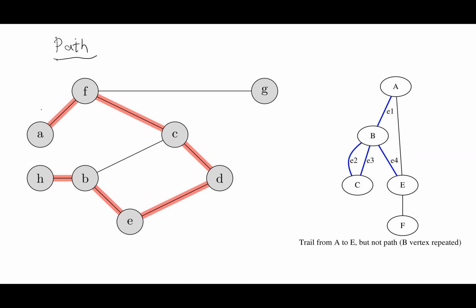So here this path is A, F, C, D, E, B, H. And as you see, each of the neighboring vertices are connected by an edge.